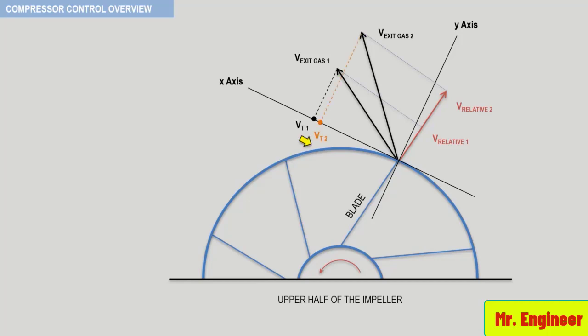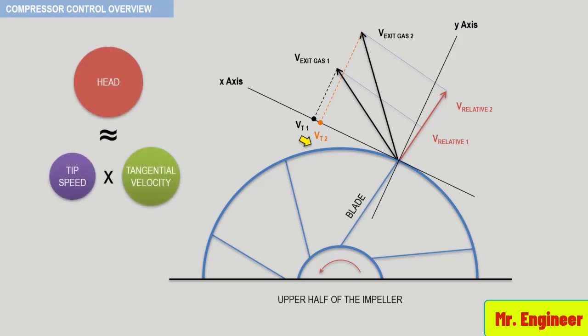Now, since the head of the compressor is proportional to the tip speed times the tangential velocity, and the tip speed isn't changed and the tangential velocity has decreased, then it becomes clear that the action of inlet guide vanes resulted in reduced head produced by the compressor.